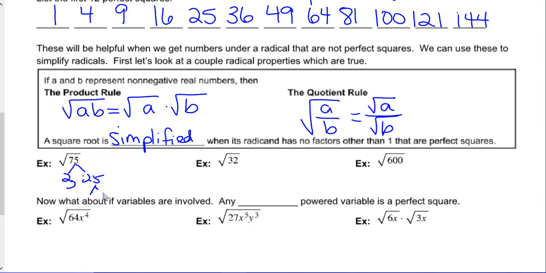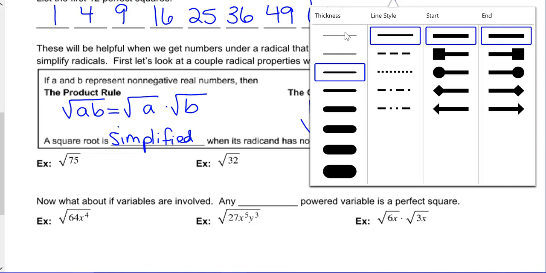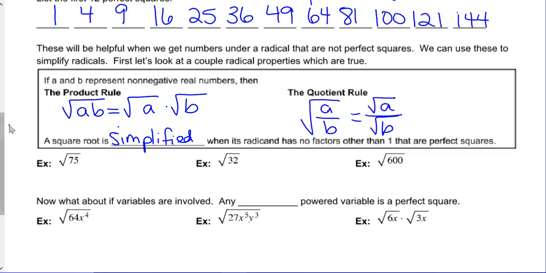Then you can split it up as 5 and 5, which some people might have done previously, but I like to just look at the perfect squares list and see which one of those will actually go into 75 evenly. And I'm hoping you're honing in on this guy right here, number 25.